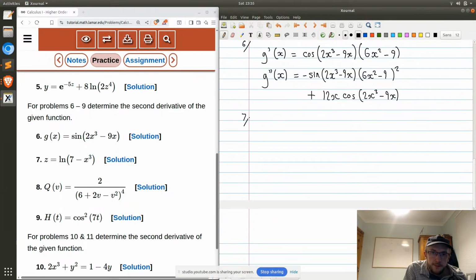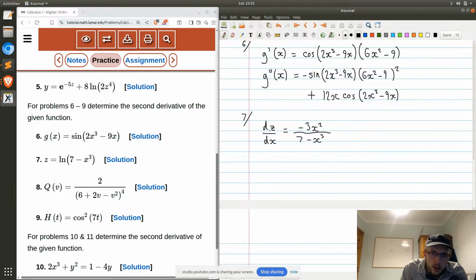7. Z equals the natural logarithm of 7 take x cubed. So dz by dx is minus 3x squared over 7 minus x cubed.